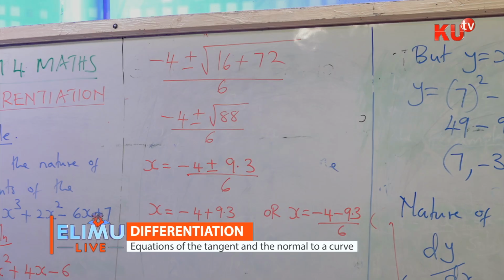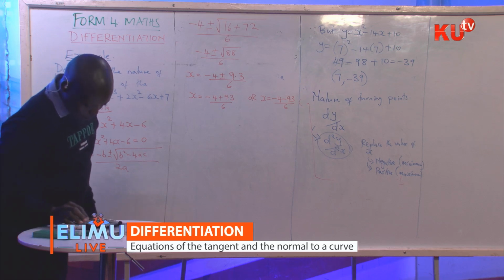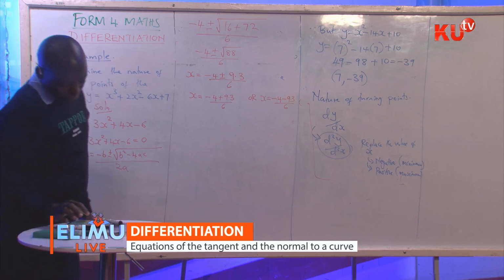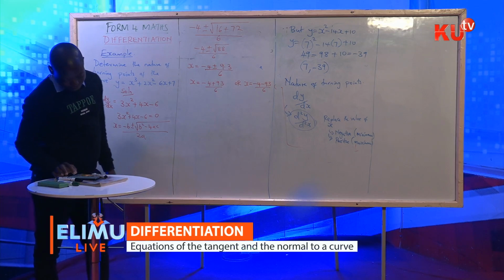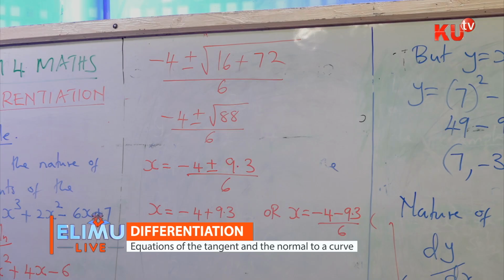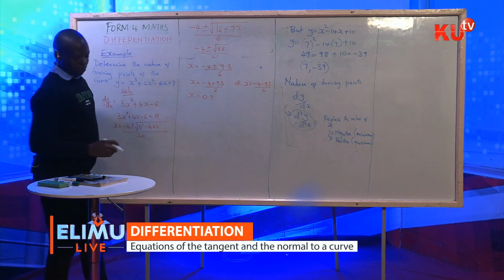So when you have negative 4 plus 9.3, that gives 5.3, then we divide it by 6, and we get 0.9 rounded off to one decimal place.